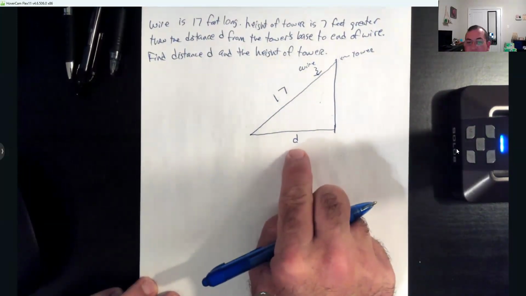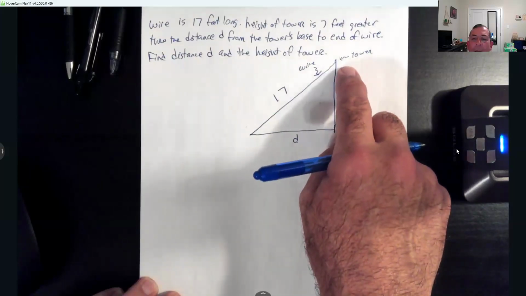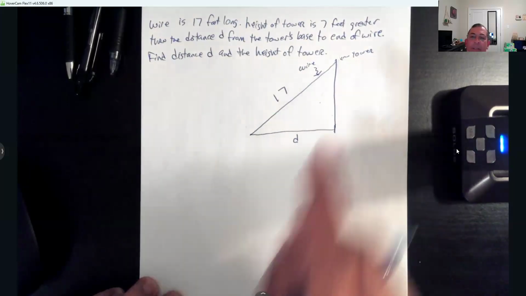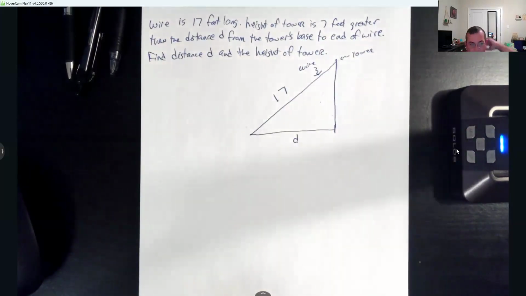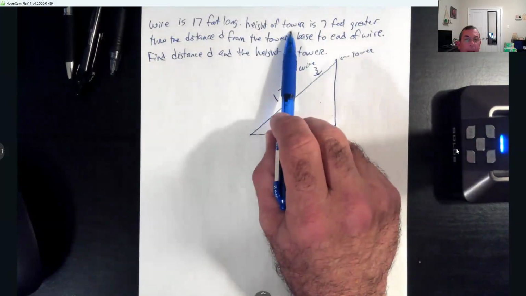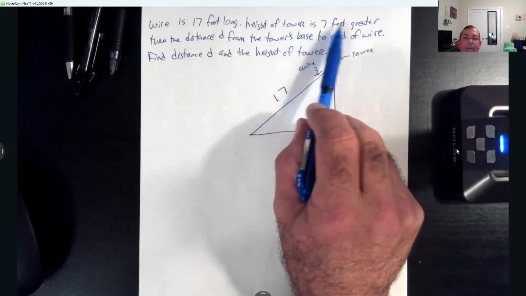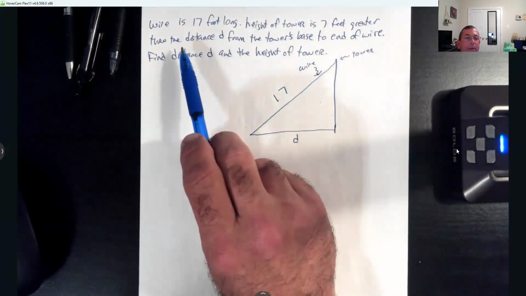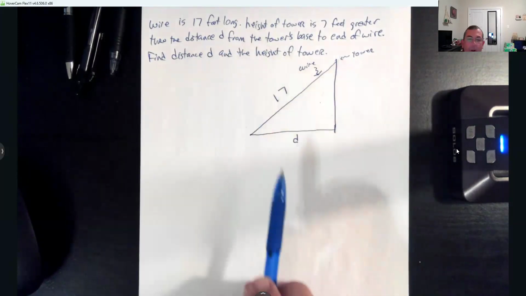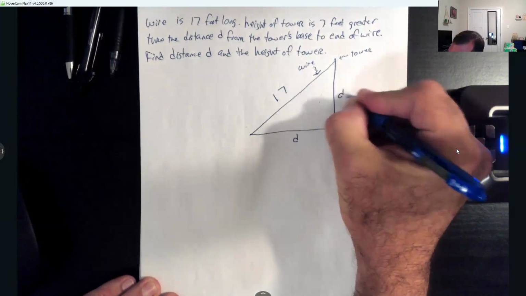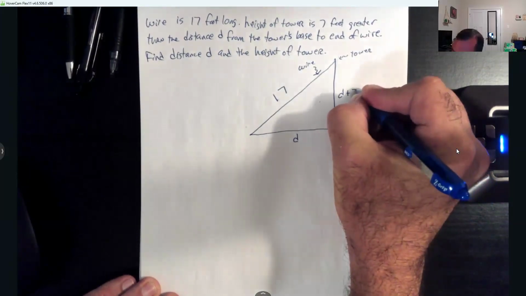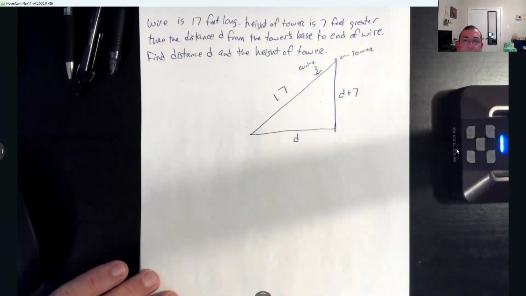If this is D, what can I use to represent the height of this tower based on what they're giving us up here? Because let's see, y'all, they said what? The height of that tower is 7 feet greater than the distance D. Well, y'all, if that's D, this has to be D plus 7. Okay?